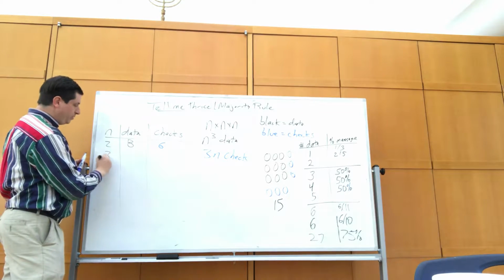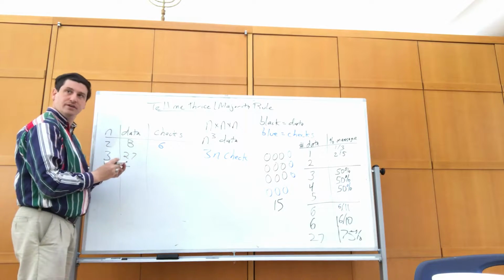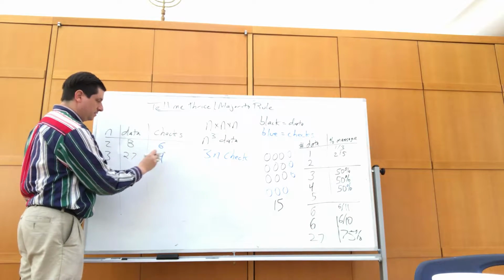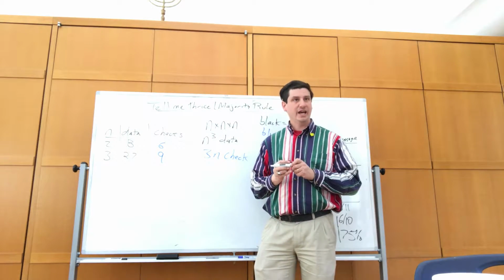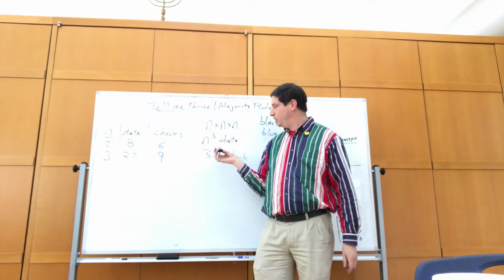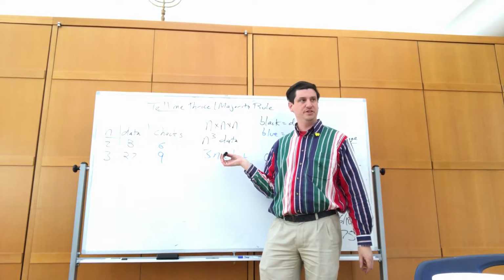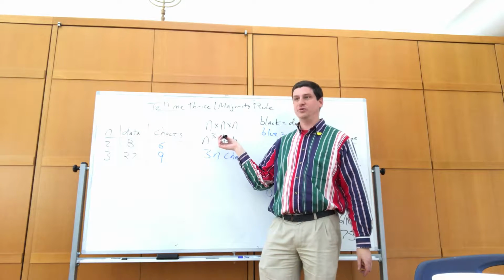When n equaled 3, we had 27 and we had 9. So again, sometimes it's hard to see what the formula is with small values. But we have a linear cost in check digits versus a cubic growth in data.